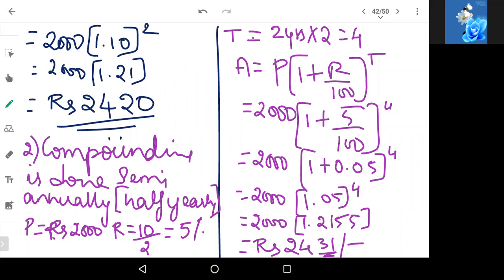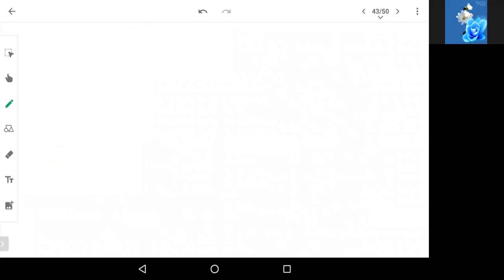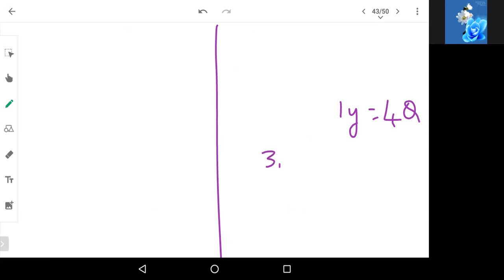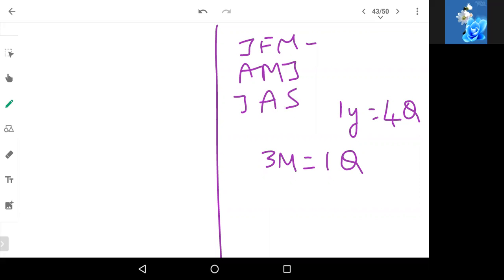Now the next, we have to do the compounding for quarterly. Now in 1 year, we will have 4 quarters. How is that? Every 3 months is called 1 quarter. January, February, March, April, May, June, July, August, September, October, November, December.